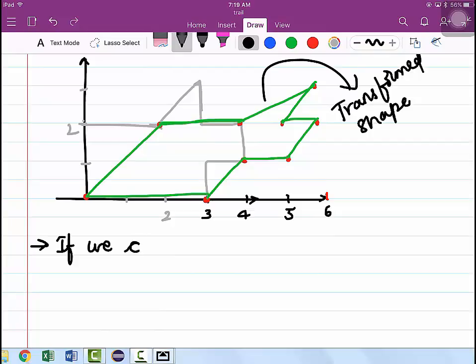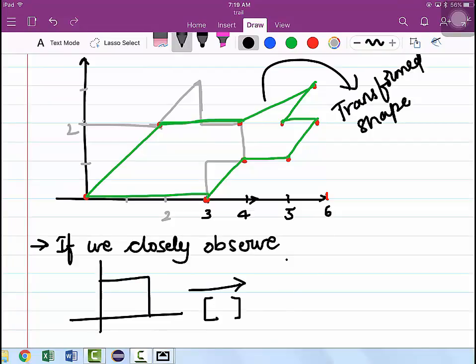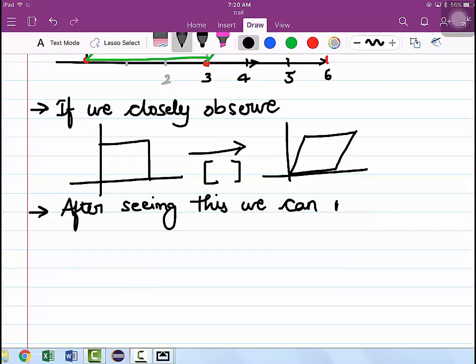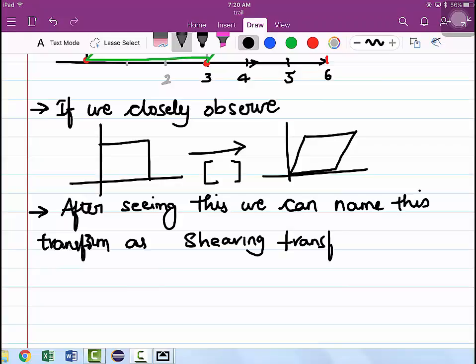If we closely observe, this is transforming the square or rectangle into a parallelogram tilted by an angle of 45 degrees. This phenomenon can be related to the shearing stress concept in mechanics, so we can name this transform the shearing transform.